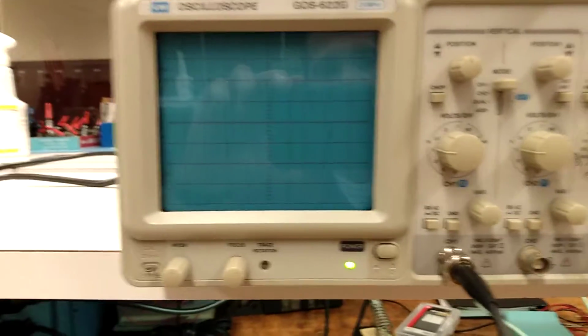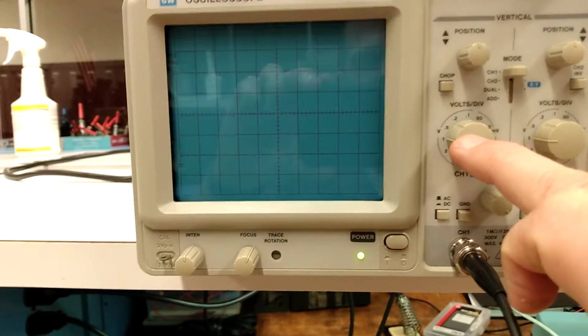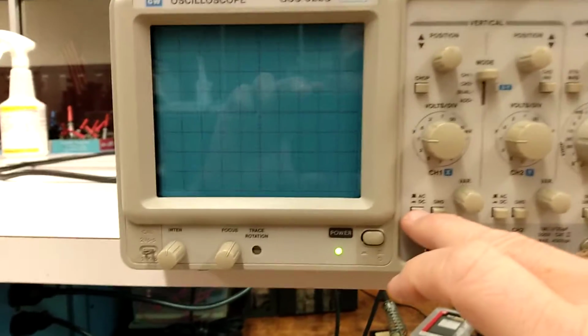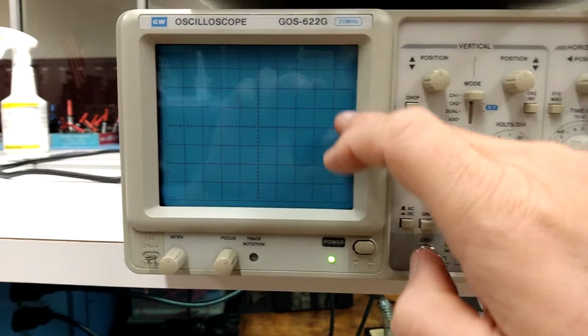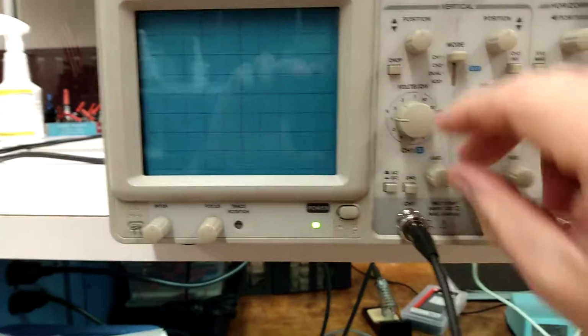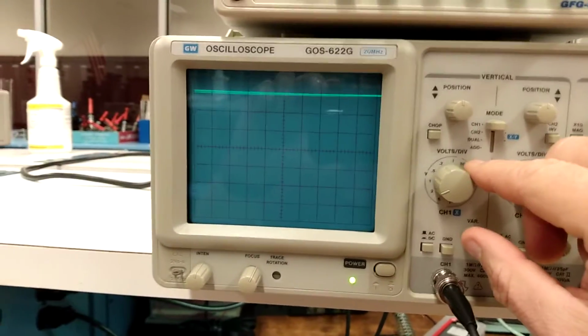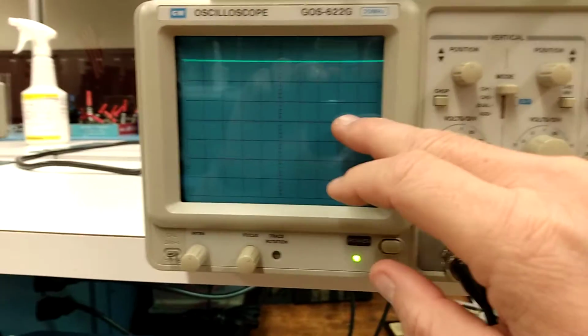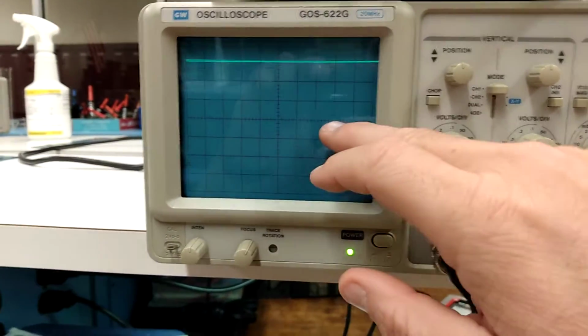Now, we are currently set up at 1 volt to the division, and if there's 6 volts with a DC offset, that means the midline here is 0, where our signal's off. So I need to bring this down to 2 volts to the division, and you do see a line that appears there. That line is 3 squares over the horizontal 0.